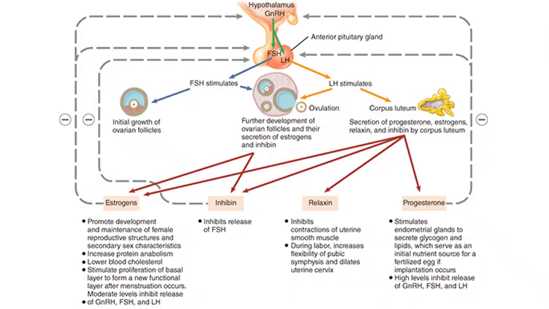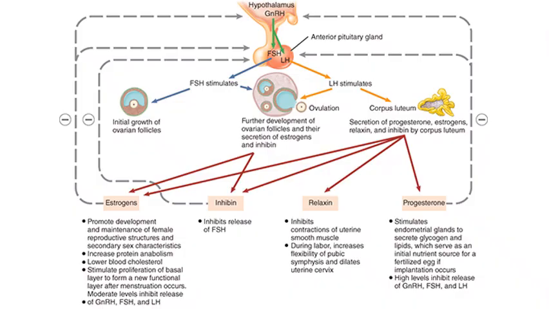Now, the estrogens secreted by the ovarian follicles have specific functions. These estrogens promote the development and maintenance of female reproductive structures, secondary sex characteristics, as well as the breasts. The secondary sex characteristics include distribution of adipose tissue to the breast, the abdomen, the hips, voice pitch, the broadening of the pelvis, and pattern of hair growth.